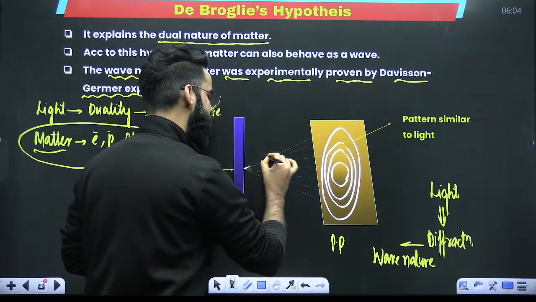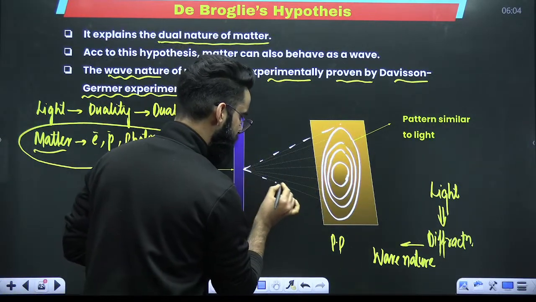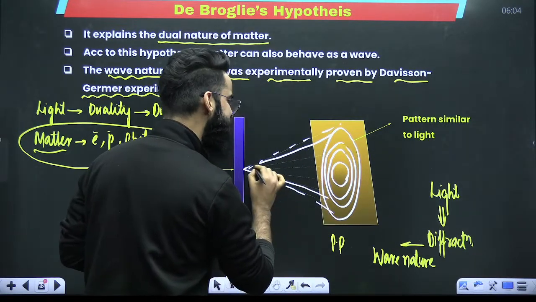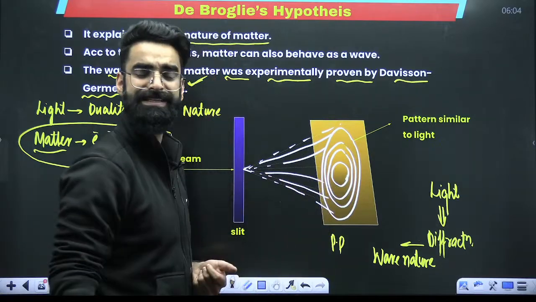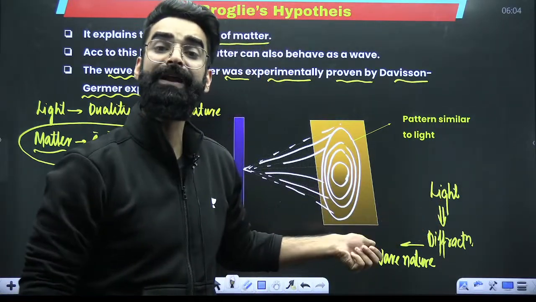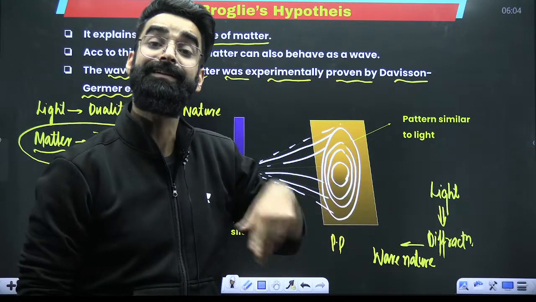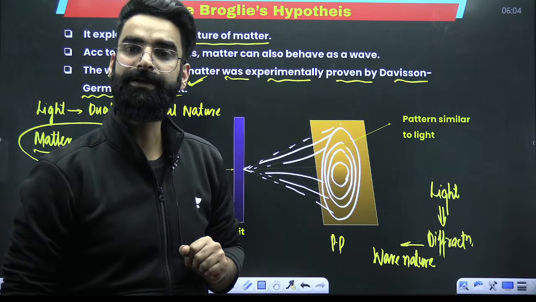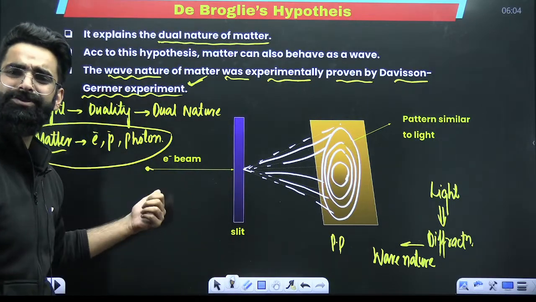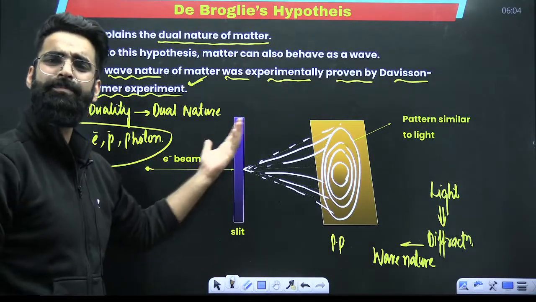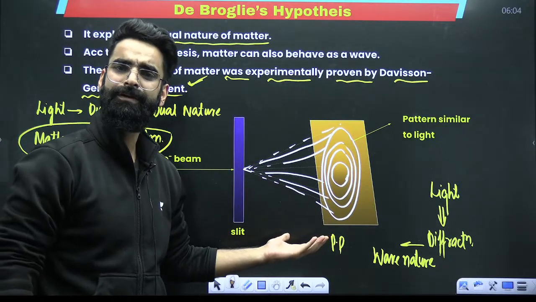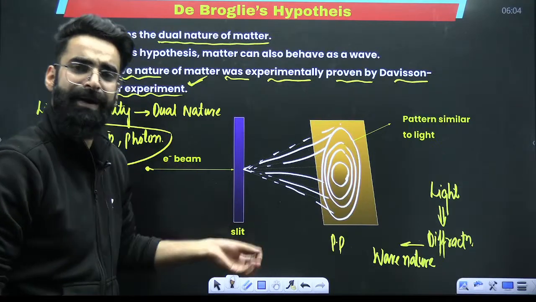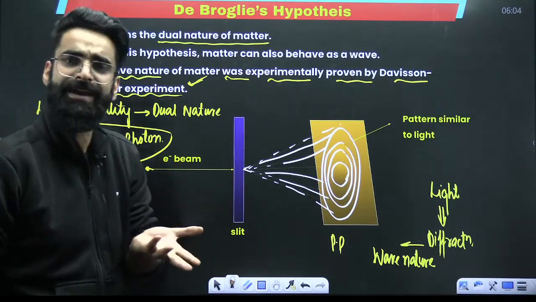But this diffraction was shown by light, basically. And that diffraction shown by light was explained by considering light to have the wave nature, right? But here, did I take light or electrons? I took an electron beam. The electron beam also showed diffraction, right? So diffraction shown by the electron beam will also be explained by considering the electron to have the wave nature.